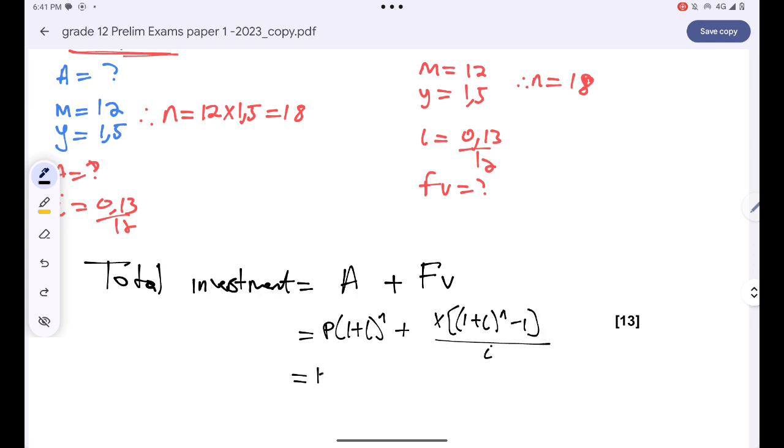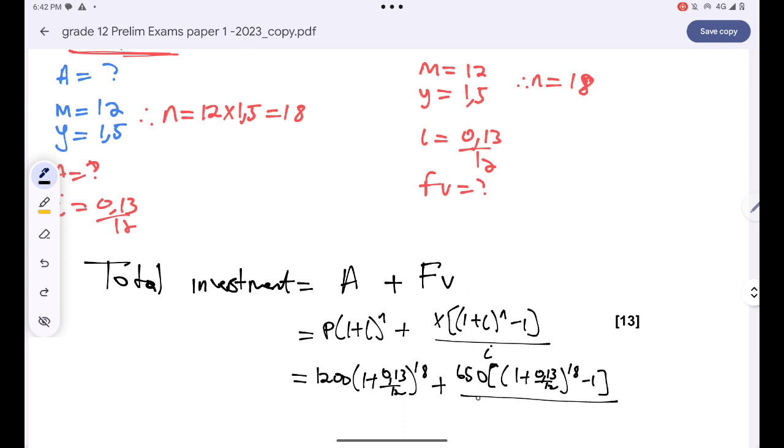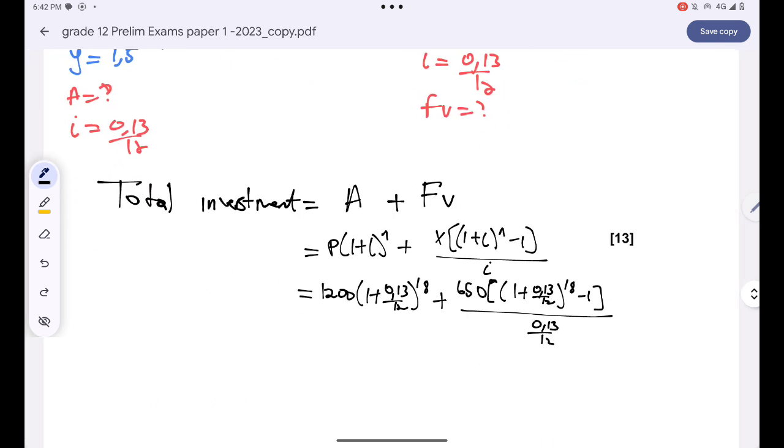So this is 1,200 times (1 plus 0.13 divided by 12) to the power 18, plus 650 times ((1 plus 0.13 over 12) to the power 18 minus 1), all over 0.13 over 12. These will give us the total investment after 18 months.